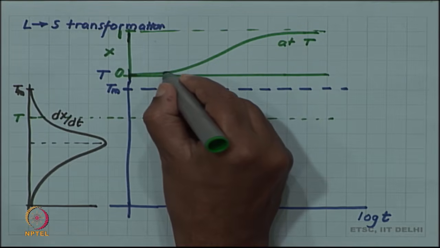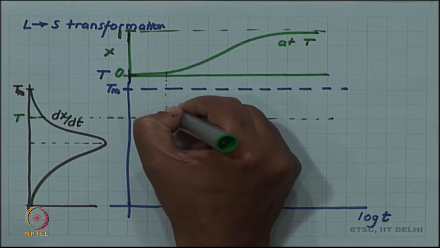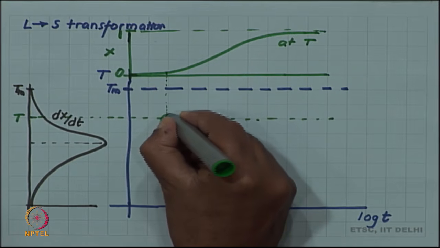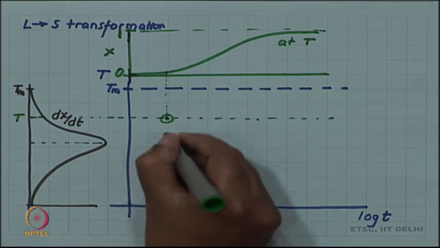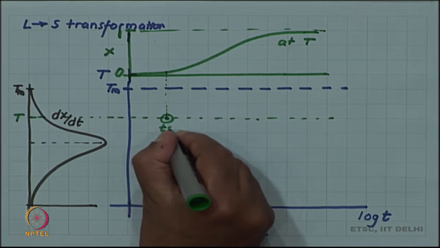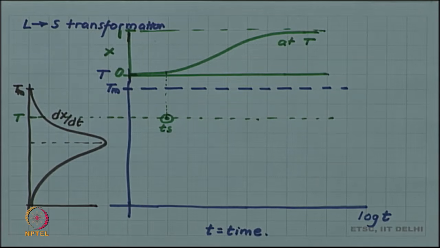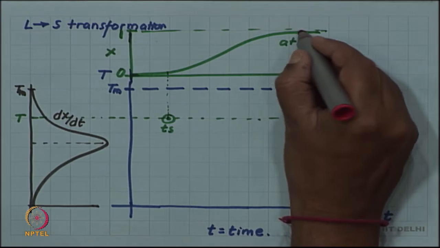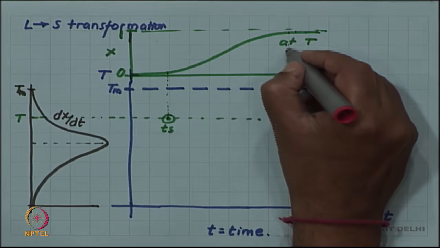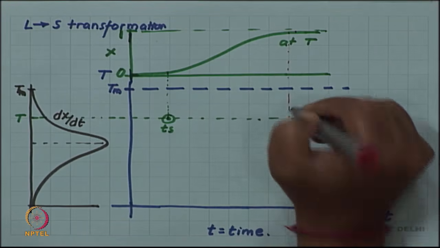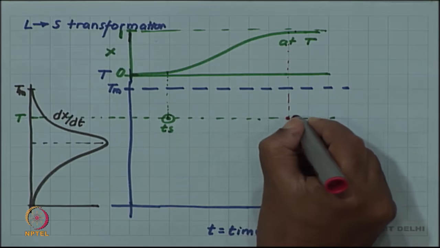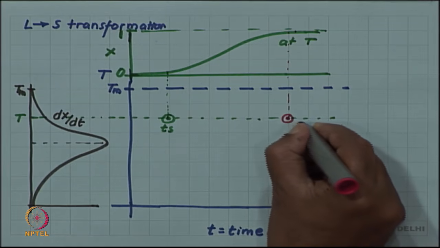At the point where it reaches some detectable level, that will be our start time. So, we mark that as our start time Ts, and after some time the transformation will reach very close to a transformed fraction of 1. That time we can call the time for finish.